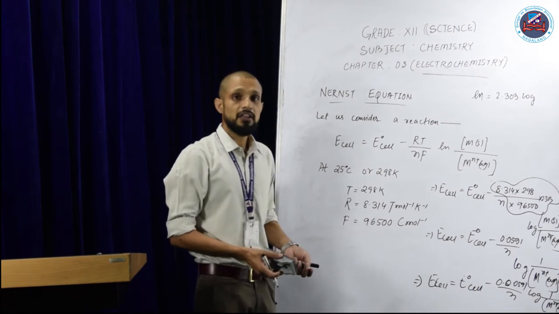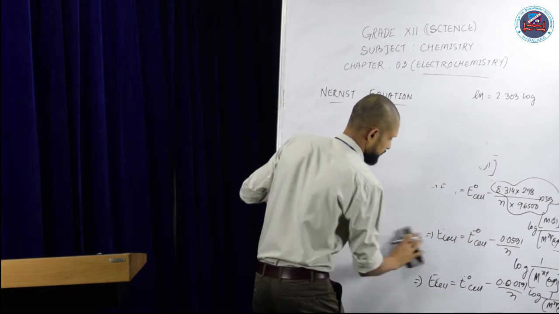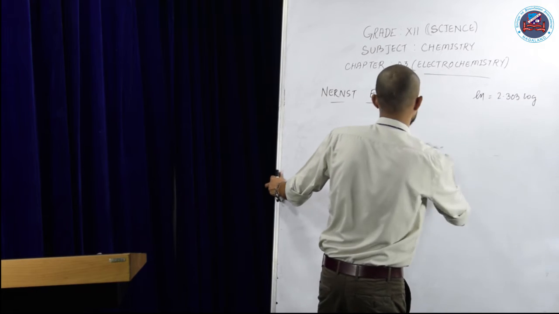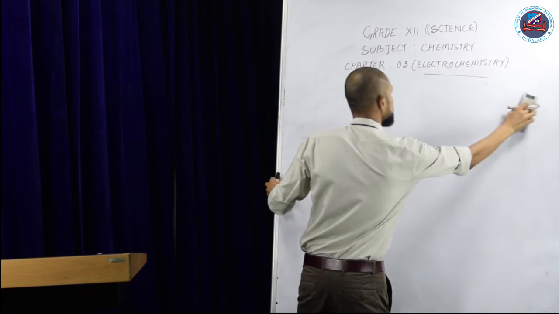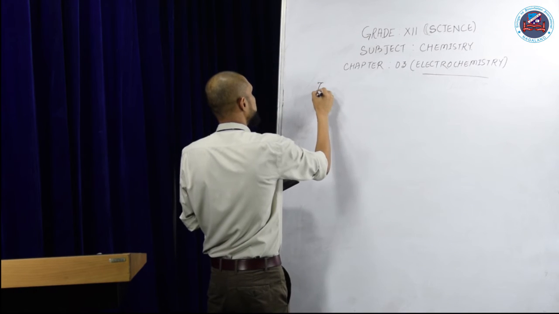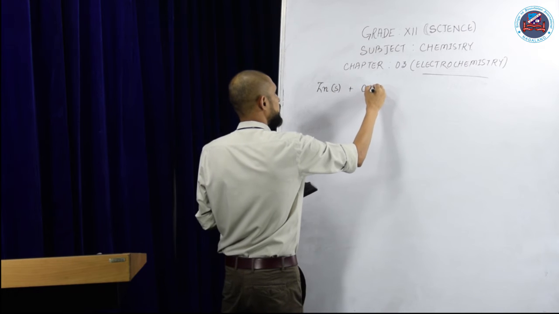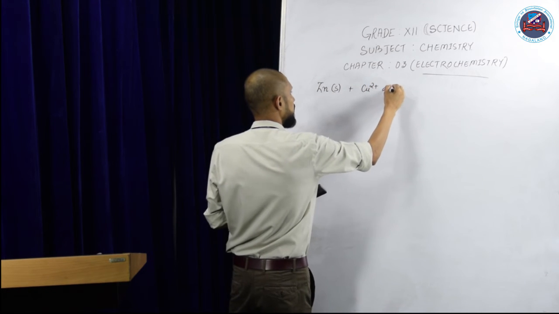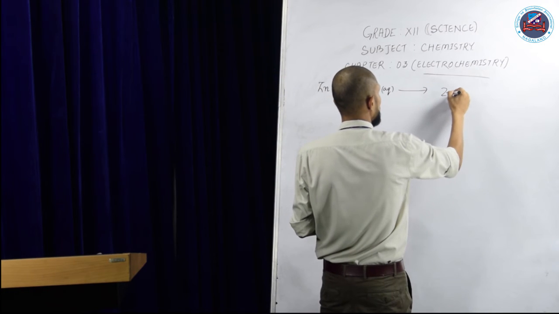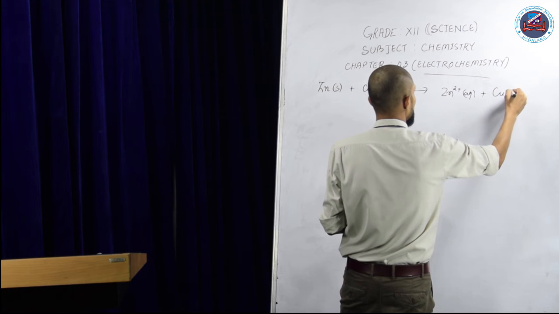Next, let us try to write the Nernst equation for Daniell cell. So let us take this equation: Zn(s) plus Cu2+ aqueous will give Zn2+ aqueous plus Cu(s).